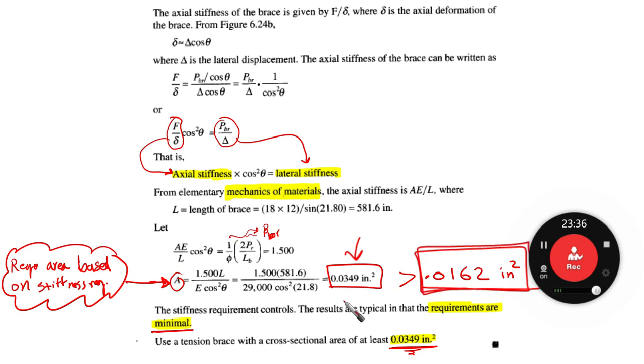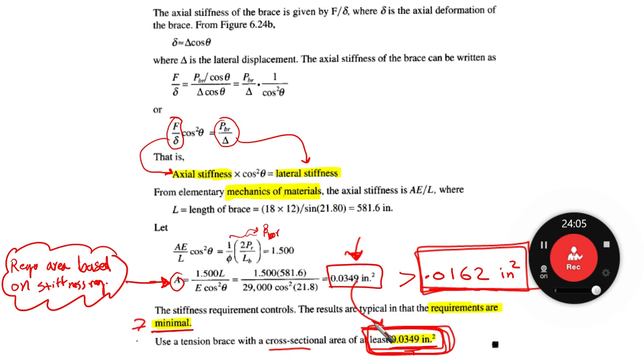This means what? The stiffness requirement controls. The results are typical in that the requirements are minimal. They are very small actually, 0.034 or 0.016. So we are going to use a tension brace with a cross-sectional area of at least 0.034, which is the maximum of them. You can put something higher than this and it will be more than sufficient.